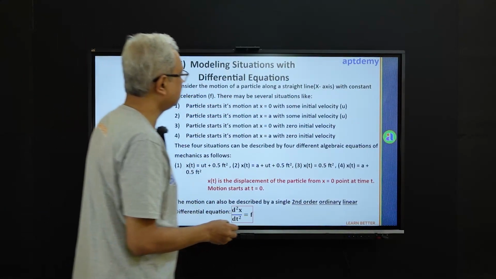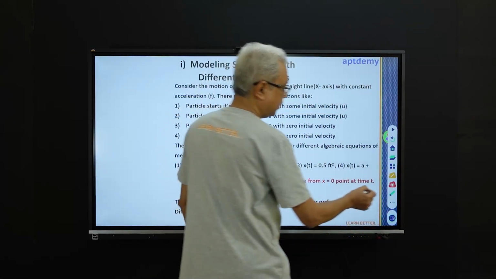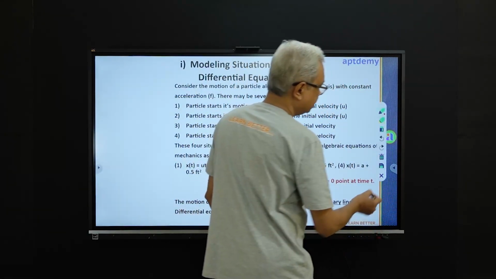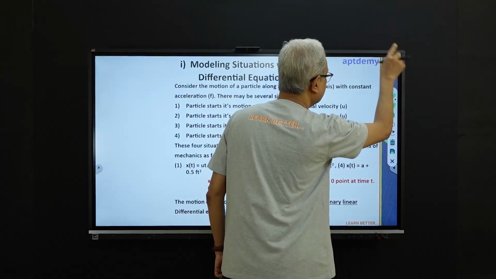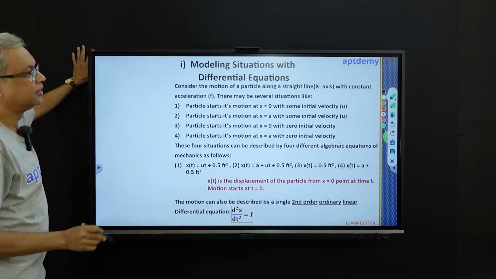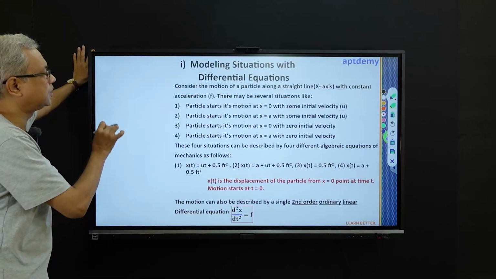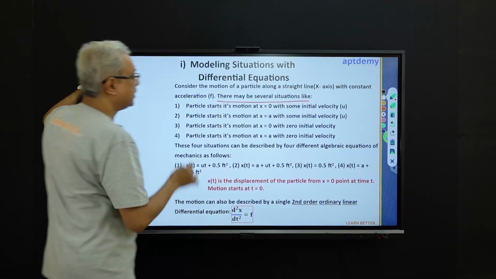Now consider the motion of a particle along a straight line. Straight line is the x-axis, with constant acceleration f. There may be several situations like this.